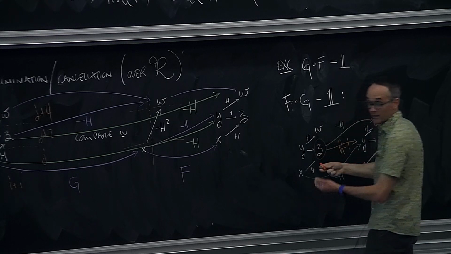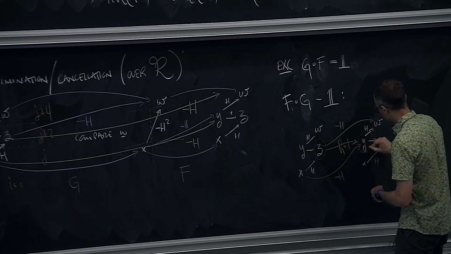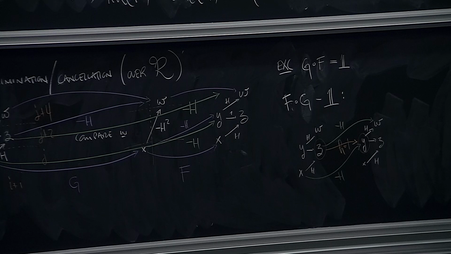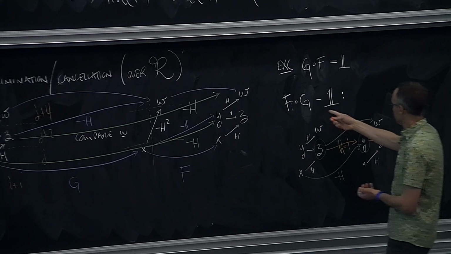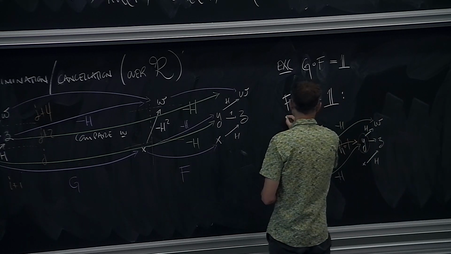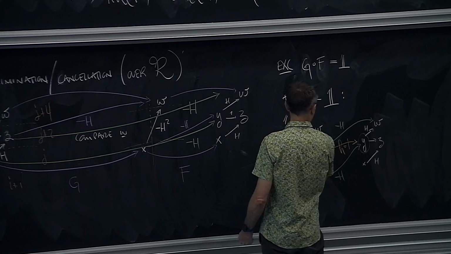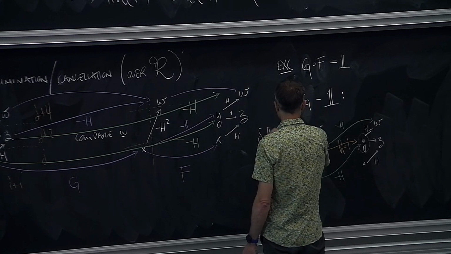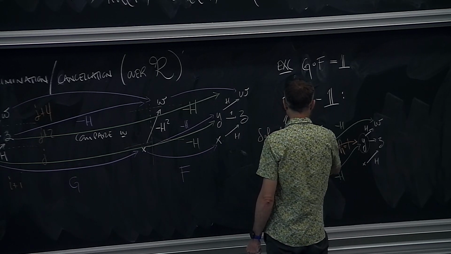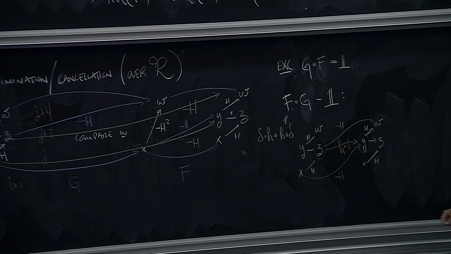Something in grading i plus 1 backwards to something in grading i. So the same conventions as the first day. Okay, so now you want to check that this defect is corrected by del H plus H del. Okay, so that's how cancellation works in general.